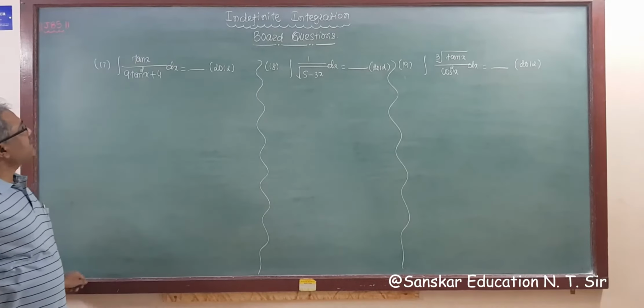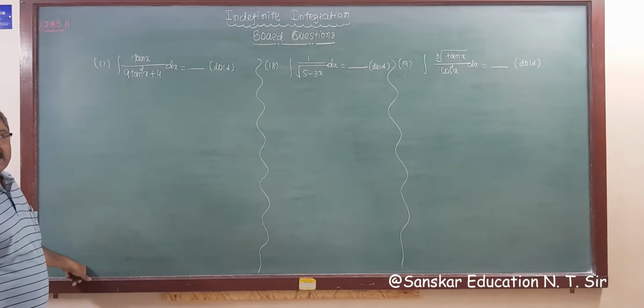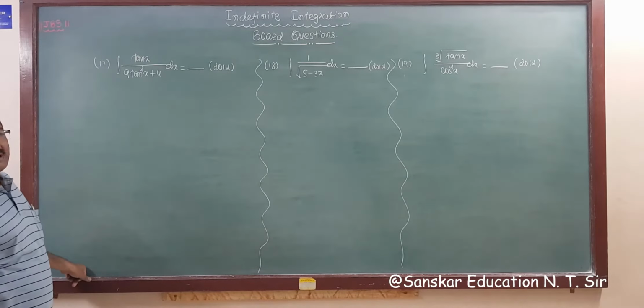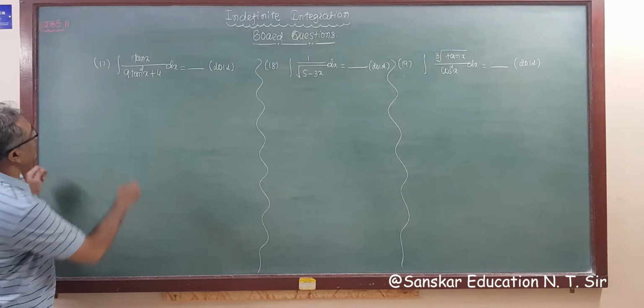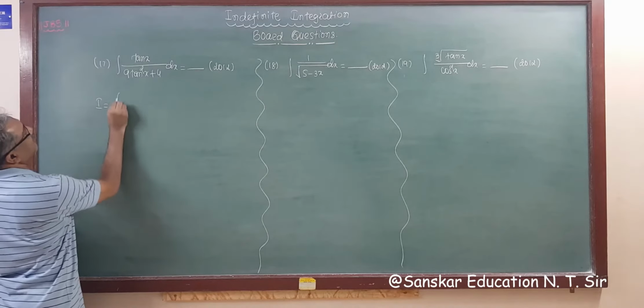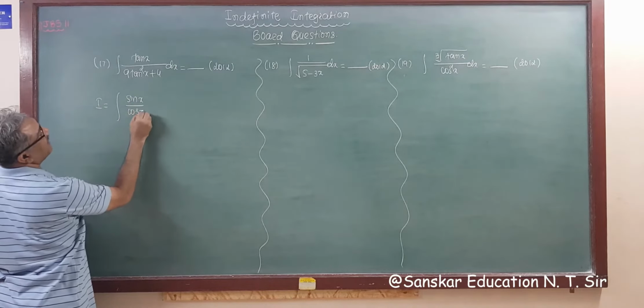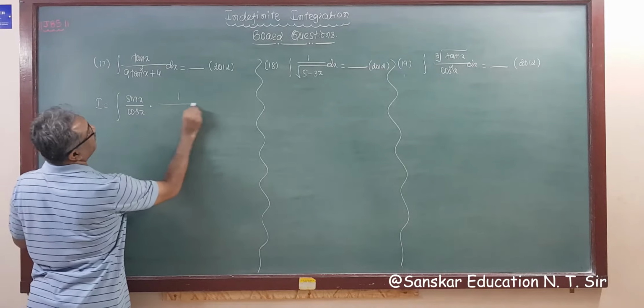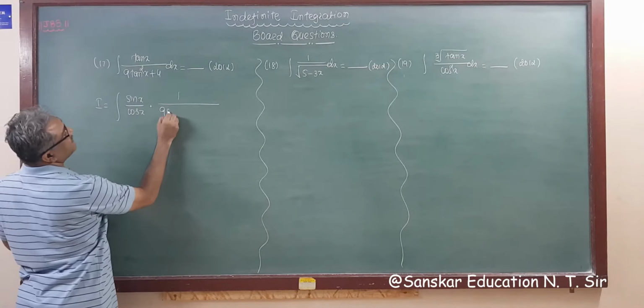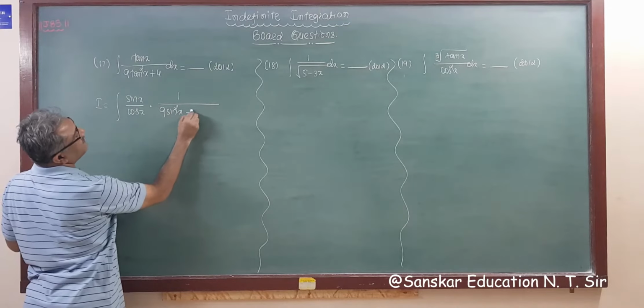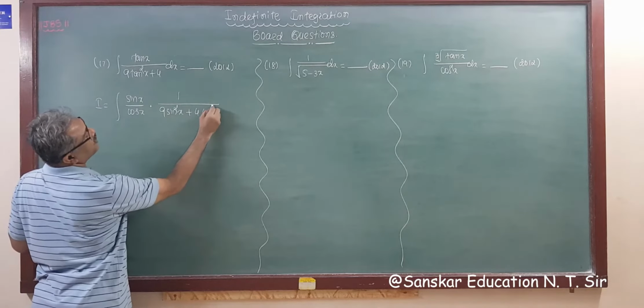17th question, integration tan x upon 9 times sin square x plus 4 dx. Not a single formula is applicable, so changing this into sine cos, we get I is equal to integration of sine x upon cos x into 1 upon 9 times sine square x plus 4 times cos square x.